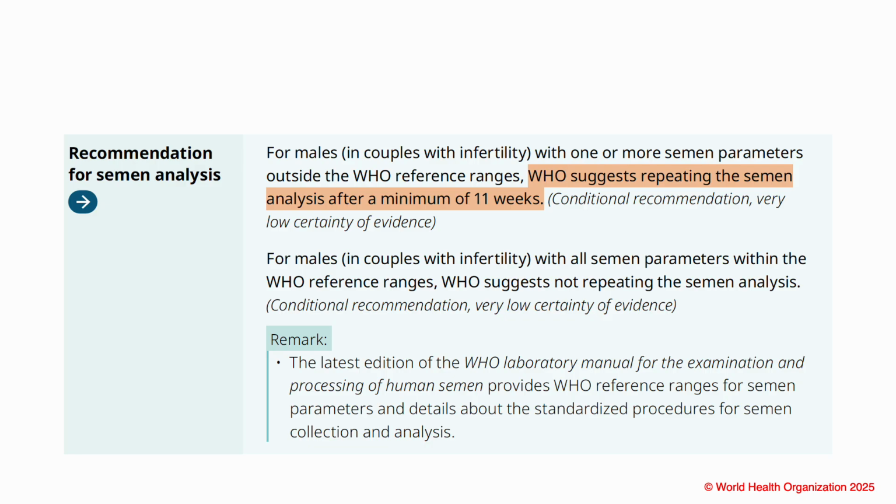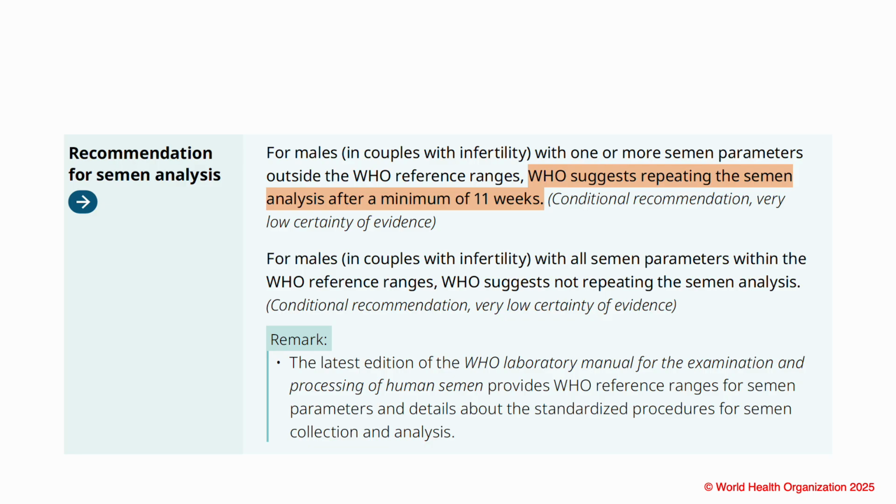Recommendation for semen analysis. So WHO suggests repeating the semen analysis after a minimum of 11 weeks. Why has this 11 weeks been taken? It is not arbitrary, because it is seen that one cycle of spermatogenesis takes around 72 plus or minus 2 days. So that comes out to be somewhere around 10 weeks plus 6 days.